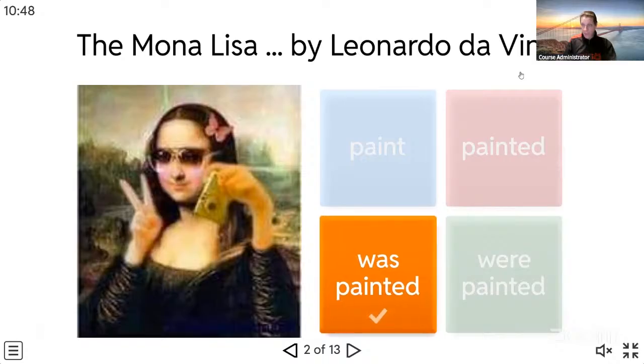Now, in most cases, when we use the passive voice, the focus is on the action. The focus is more on the object. Usually the subject, the person doing it, is not important. But in this case, we could also say "Leonardo da Vinci painted the Mona Lisa," because obviously Leonardo da Vinci is also a very famous person.